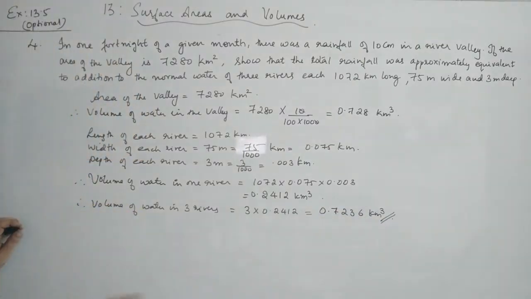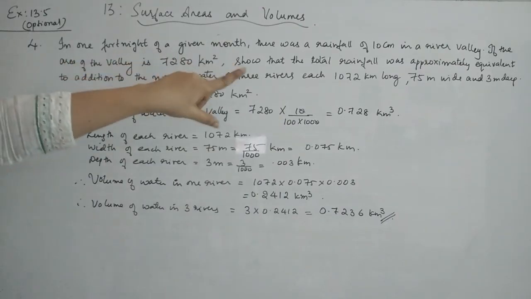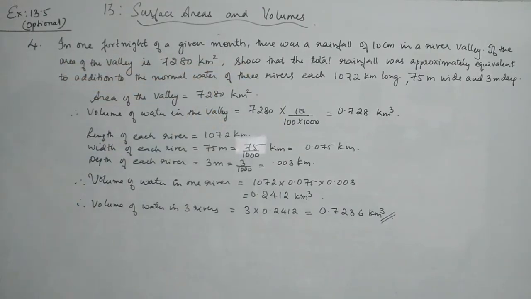So this is what you are getting for the volume of water in 3 rivers, and the volume of water in the valley you have got to be 0.728. They are approximately equivalent, which is what they have asked. So yes, we can say that they are approximately equal.